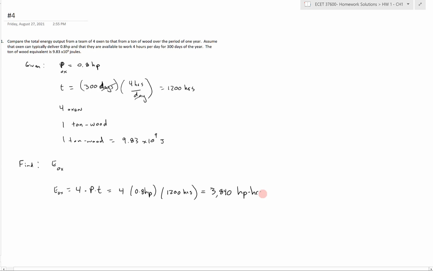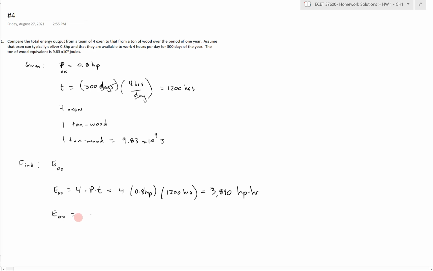Unusual, but not wrong. I do need to convert that over to joules next so that I can compare it to the energy content of 1 ton of wood. If you go into the textbook, you'll find that the conversion between horsepower hour and joules is 2.685 e to the 6 joules per HPH.